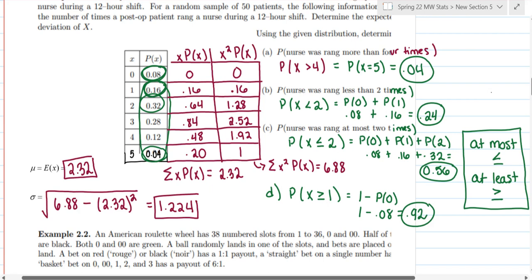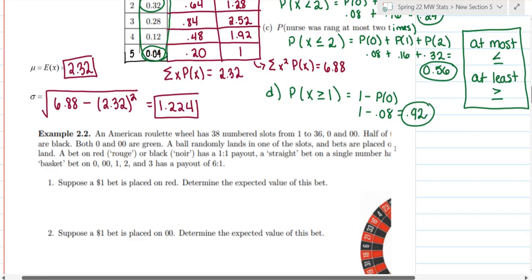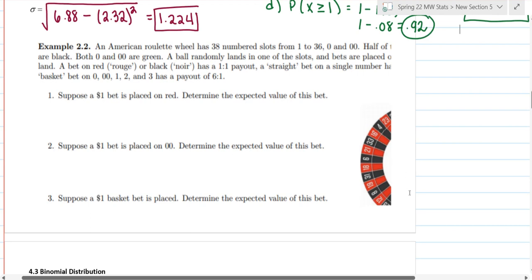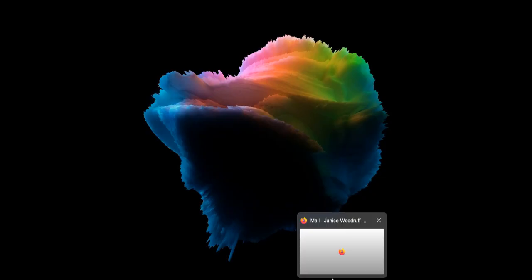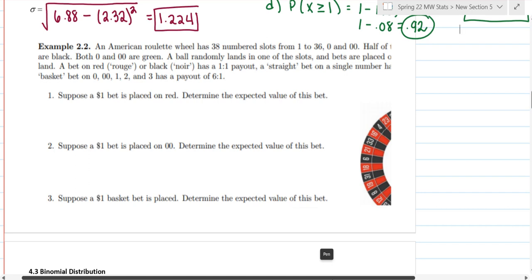All right, let's look at a roulette wheel. Does anyone need more time with this? All right, wow, that really cut off. Let me, hmm? I am not drawing that.